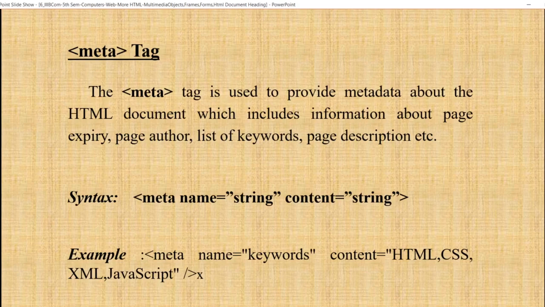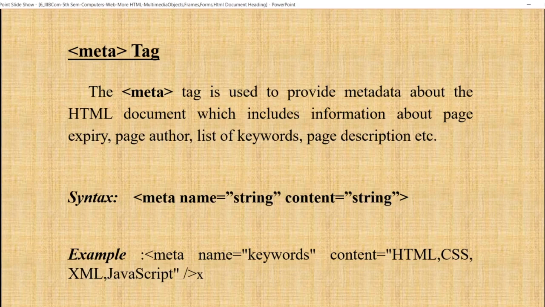Meta tag. Meta tag is used to provide metadata about an HTML document. It includes information about page expiry, page order, list of keywords, page description. If I want to provide a description of a web document, when it is created, by whom it is created, at what time it is created, what are the key features of that document, all this can be done with the meta tag.